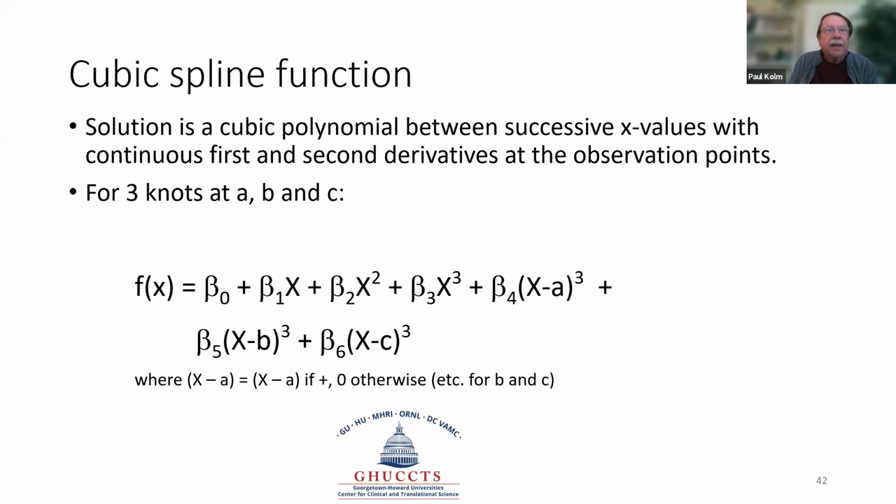But this is basically the same idea where you have one covariate, then you are going to square it for the quadratic, and then for the cubic, the splines are raised to the third power here, x minus a, x minus b, and x minus c.